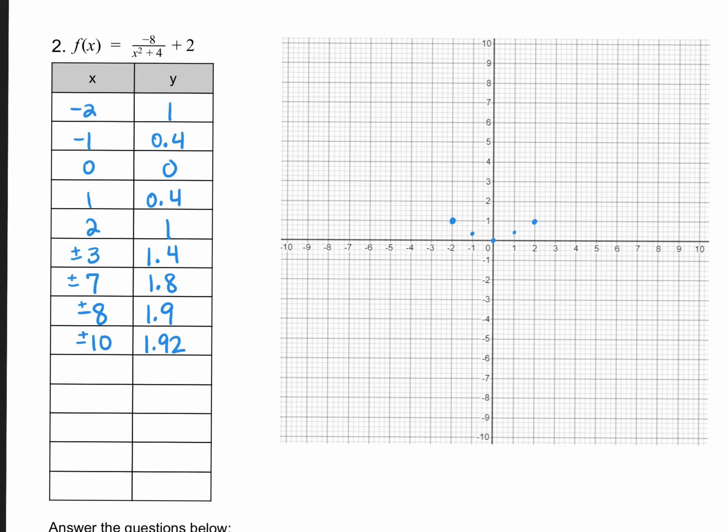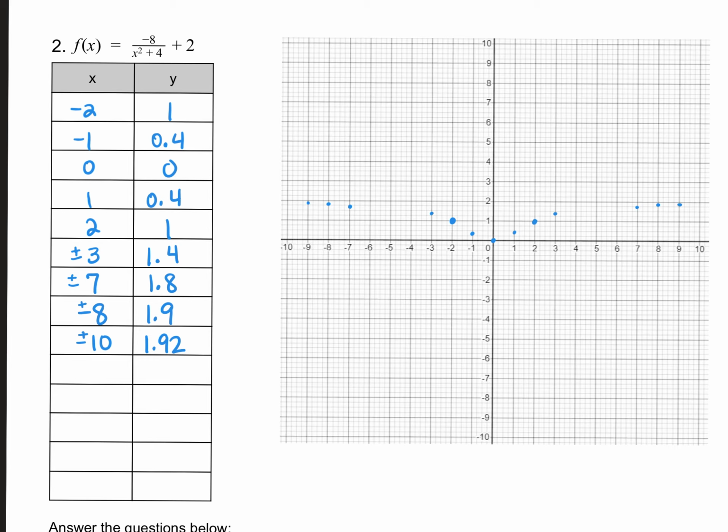So I've actually got two sets of points going on here. At positive and negative 3, I get 1.4, so that's maybe right about here. I'm going to put that on both sides. At positive or negative 7, I get 1.8, so maybe right about there. At positive or negative 8, I get 1.9. And at positive or negative 10, I'm at about 1.9 again.